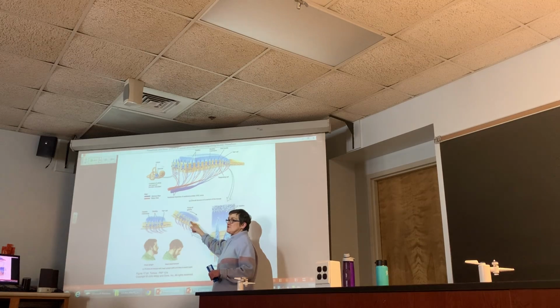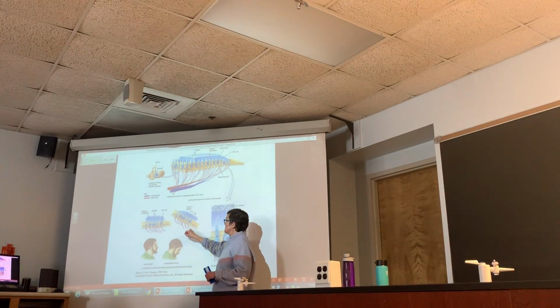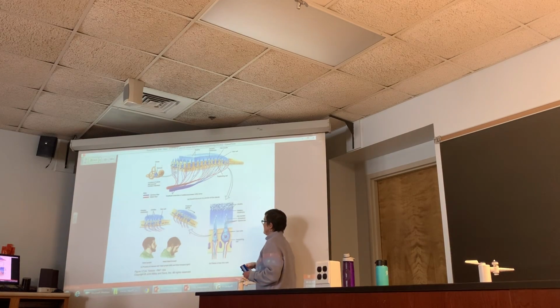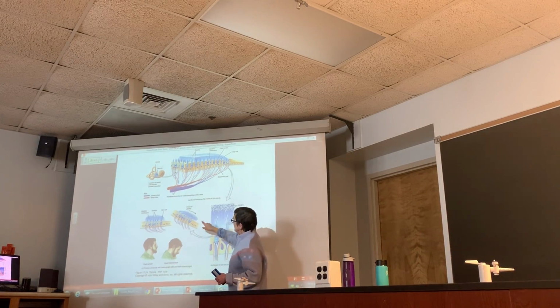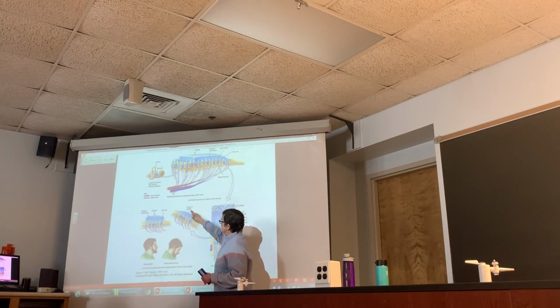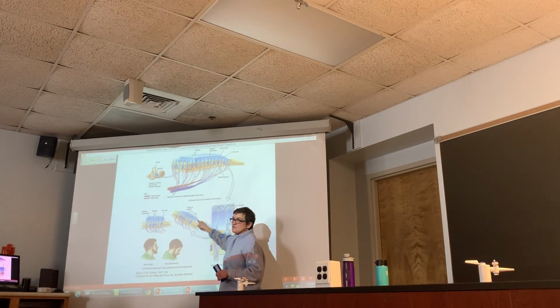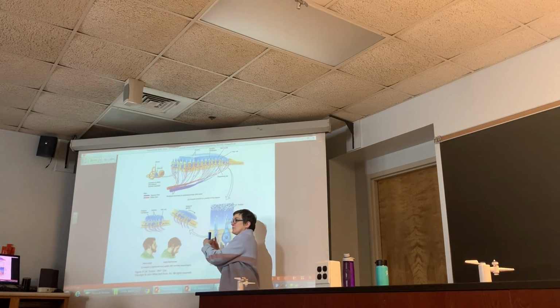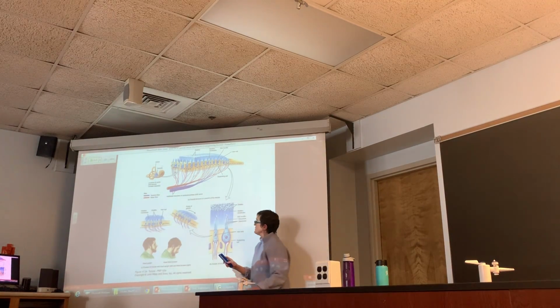And again, these are receptor cells, so they generate receptor potentials. And then they, in turn, stimulate sensory neurons to send impulses to the brain. So because you've got the force of gravity pulling on those calcium carbonate otoliths, that pulls on that otolithic membrane, which in turn pulls on the hair cells.